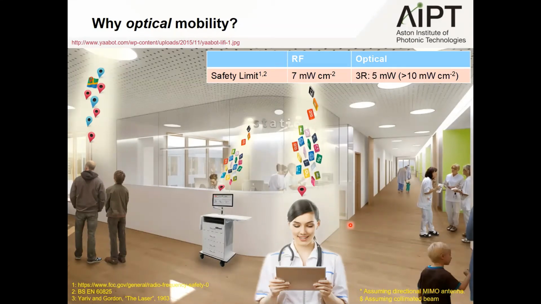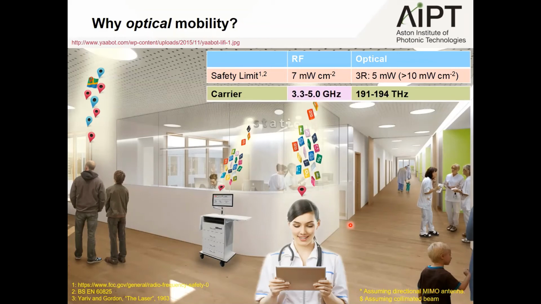And the optical system for a 3R, so you'd need a magnifying image for that to do you any significant harm, would be 5 milliwatts or 10 milliwatts per square centimeter. That's pretty much the same power. There's nothing to shout home. That's not a good enough reason to change technologies at all.